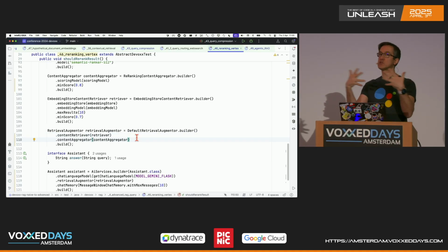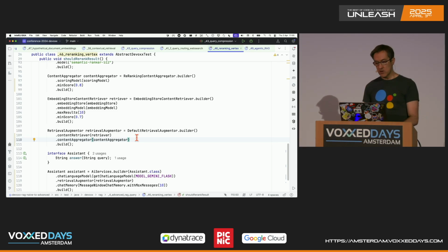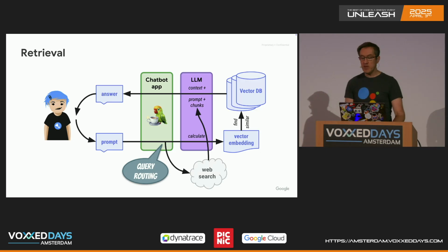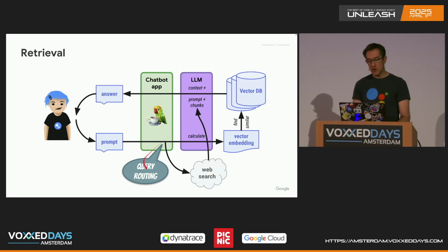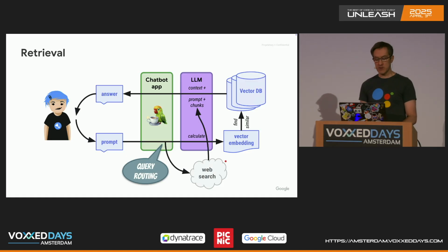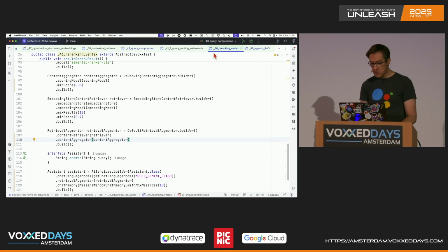And re-ranking is also useful when you have different databases and you want to merge the results into one set of search results. Okay, retrieval. The other thing is maybe you have several databases, or you want to also use web search, and it's fairly easy to do in Langchain4j as well. So if you wanted to do that, where is it?